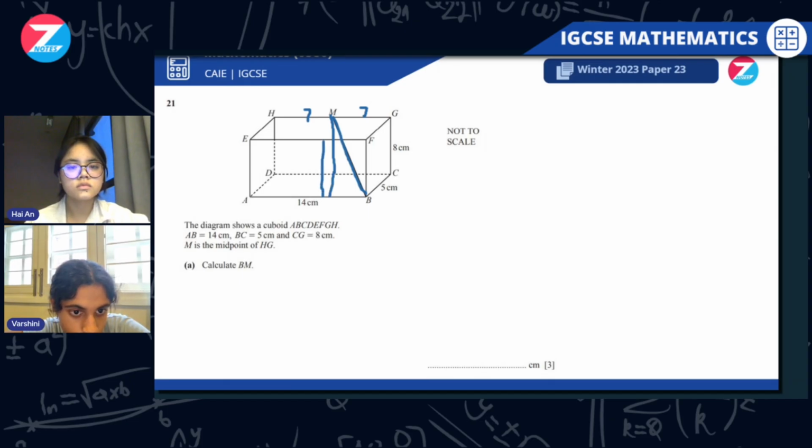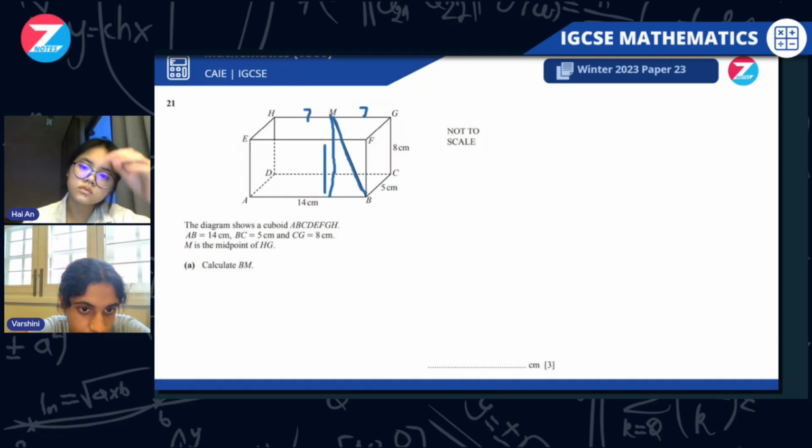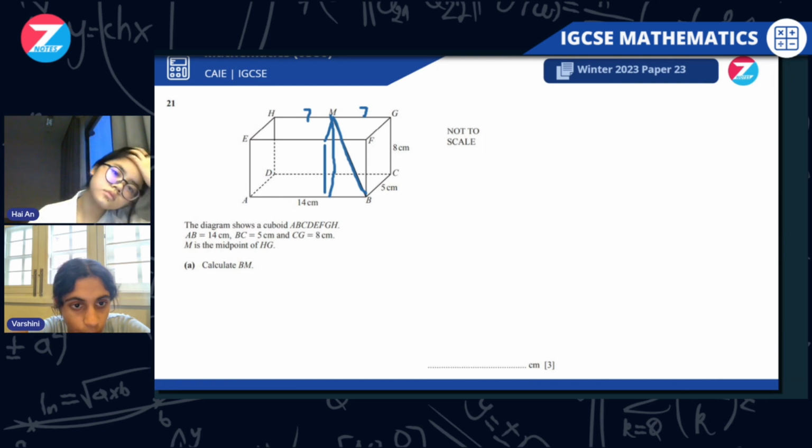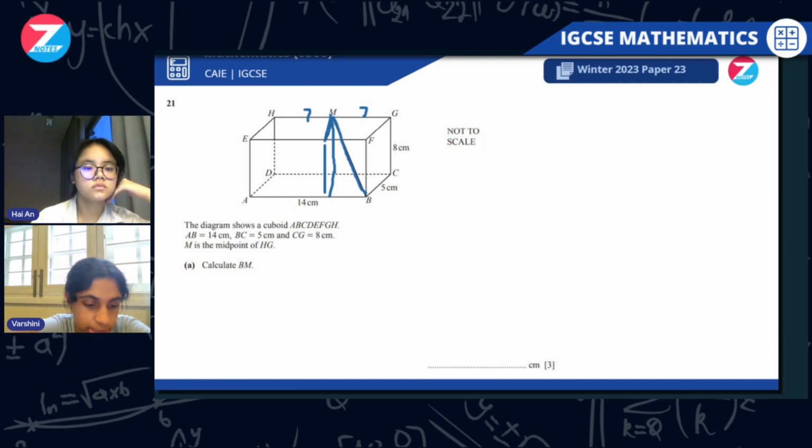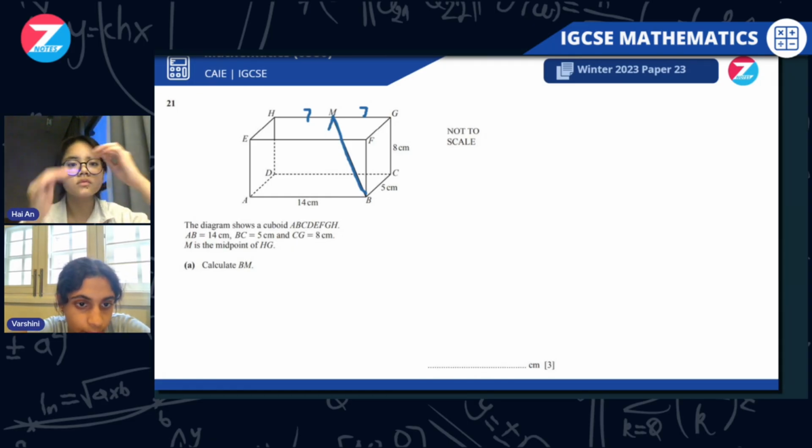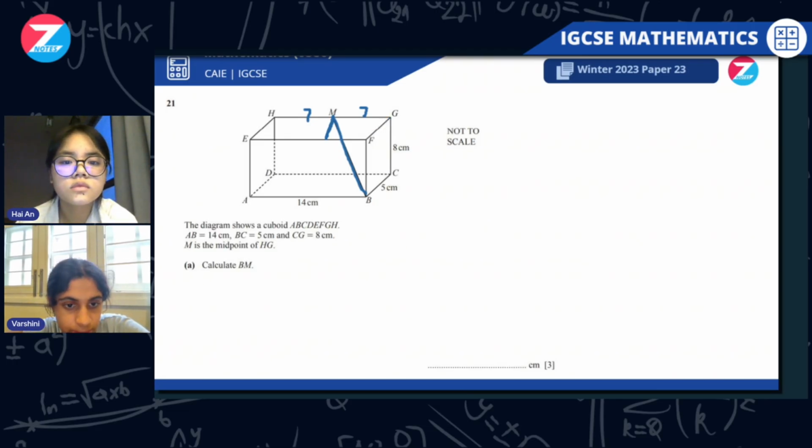So if we made this into a little cuboid of its own, across the top, FG, okay, let me uncomplicate it. We know this is just going to be the same as FG, which is the same as BC, so it's 5.